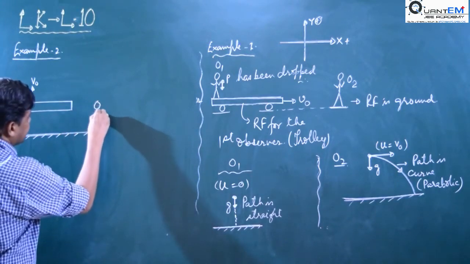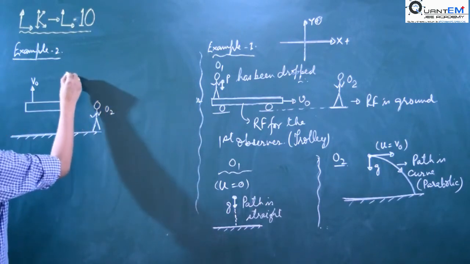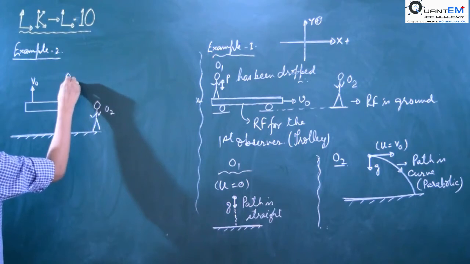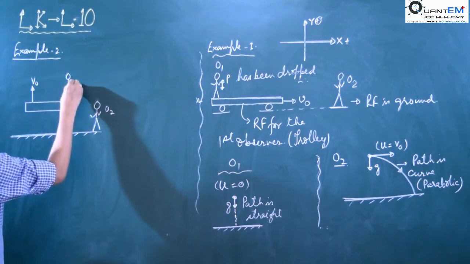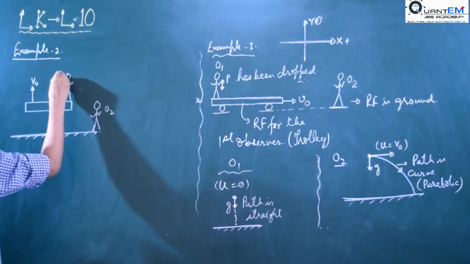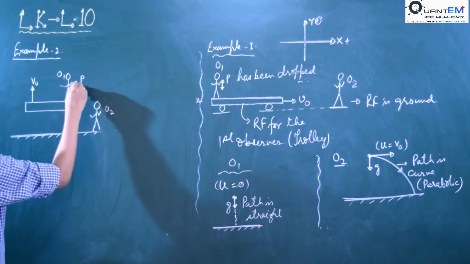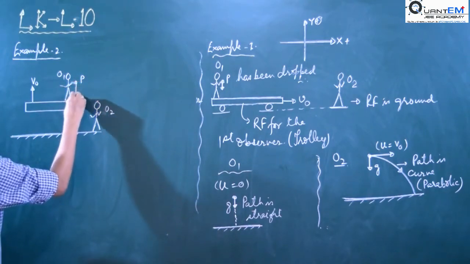One observer is over the ground and one observer is here, observer 1. The first observer dropped a particle in the downward direction.